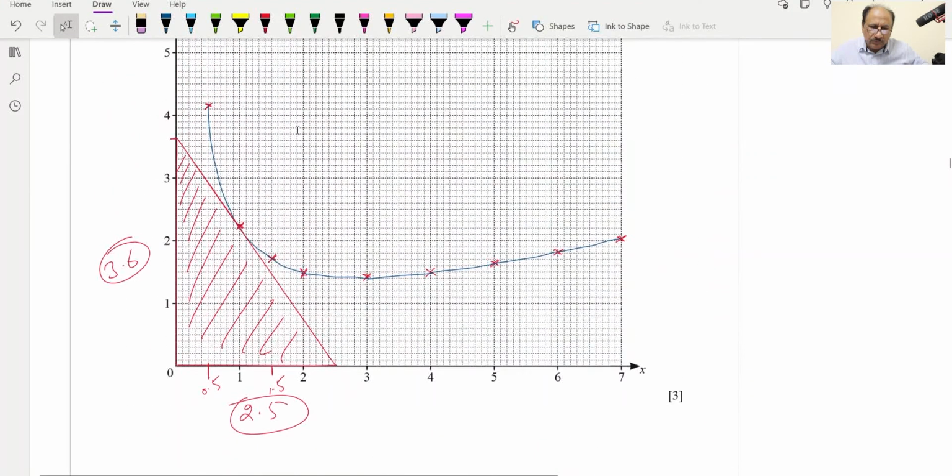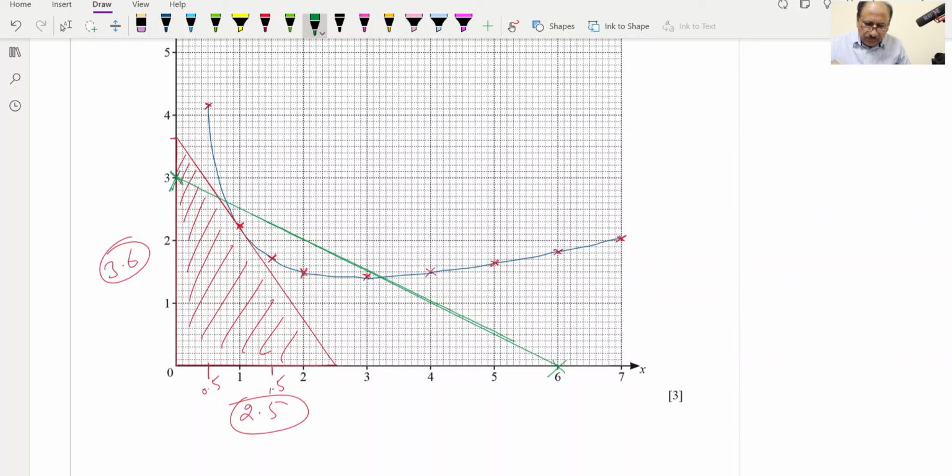So 0, 3 and 6, 0, we can draw these 2 points. 0, 3 will be this one and 6, 0 will be this point, and we can join these 2 points, and to join these 2 points we will draw the line, and because the scale is a little smaller, I'll have to rectify the line.